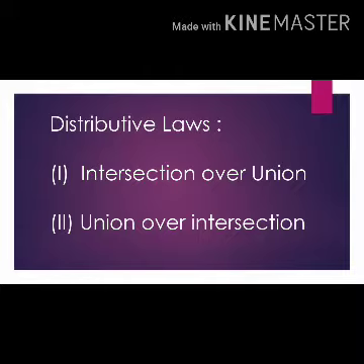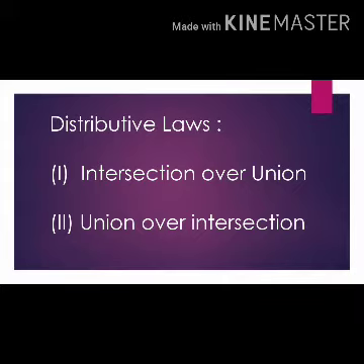We have two distributive laws. One is distributive law of intersection over union, and another one is distributive law of union over intersection. Now, let us see briefly about this topic and related sums.